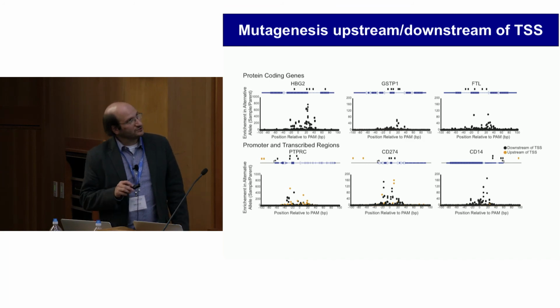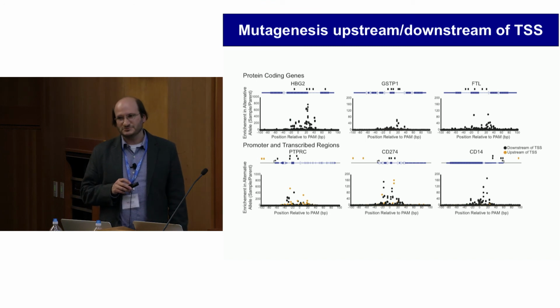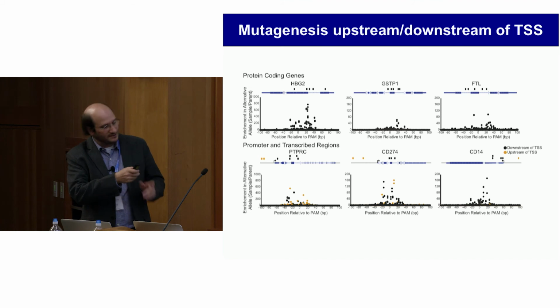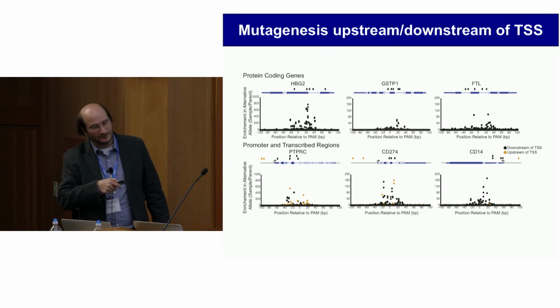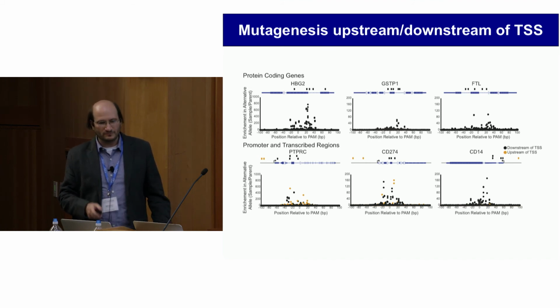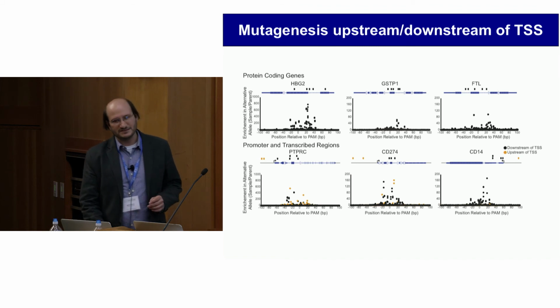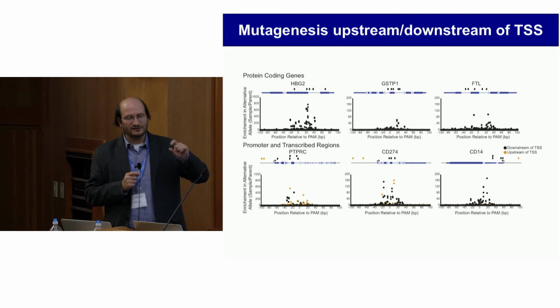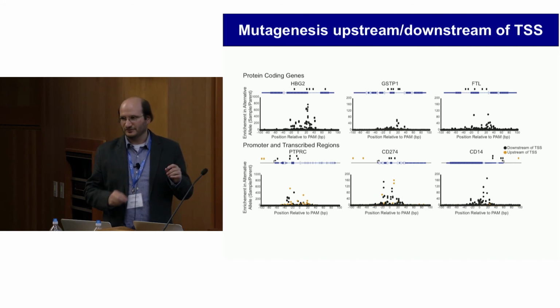But what we could show is that as far as 3 kb upstream of the transcription start site, we could put a guide RNA in this mutation machinery and still observe mutations. These are here in yellow. So we think that this might also open up the space of mutagenizing regulatory elements that are not actually transcribed, to try to find, for example, promoter variants, transcription factor binding site variants that would affect binding activity.